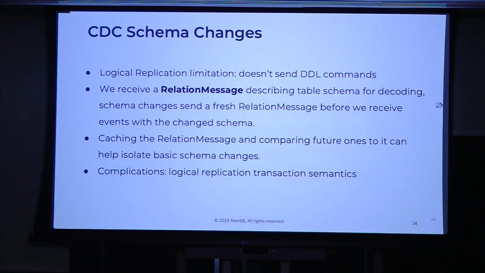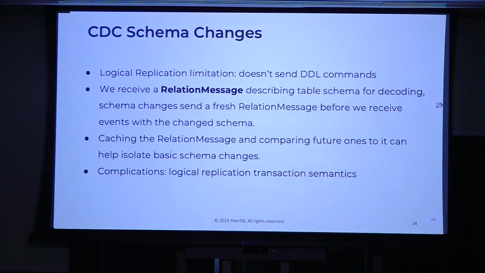But when the schema changes, Postgres sends a new relation message, because if I've added a column to a table, we obviously need to know that. So we get a new relation message that tells us a new column has been added or an old column has been dropped. We can store the old relation message, see the new one, compare the two, and see that this column is gone or this column has been added.